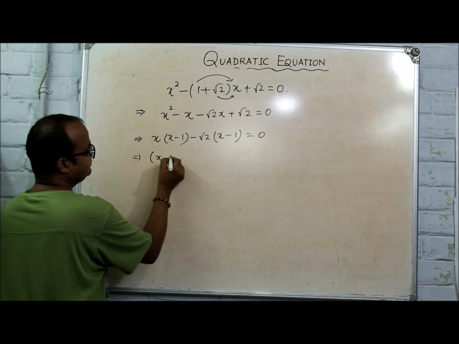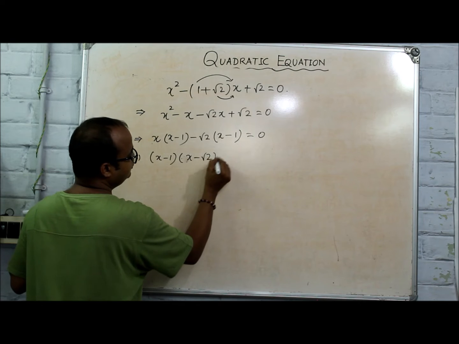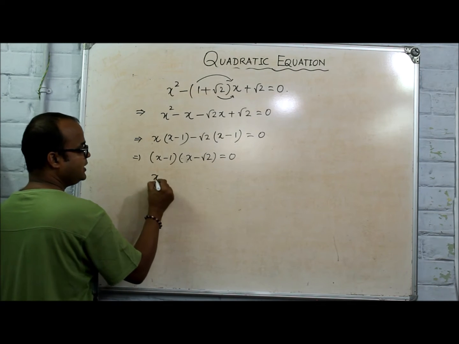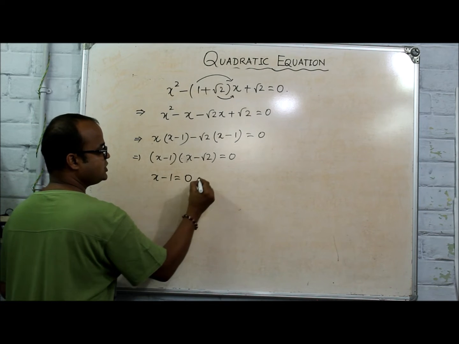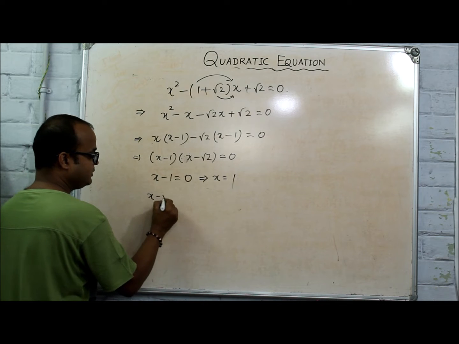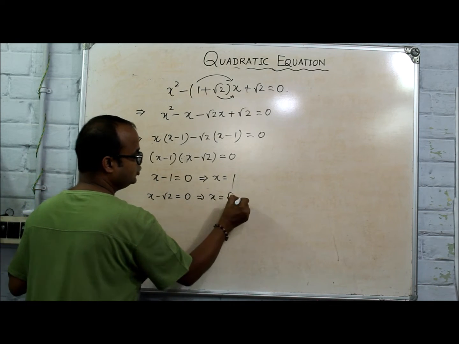So we will get x minus 1, x minus root 2 is equal to 0. So from here we can conclude that either x minus 1 is equal to 0, it implies x is equal to 1, or x minus root 2 is equal to 0, it implies x is equal to root 2.